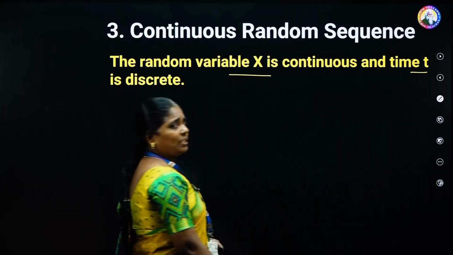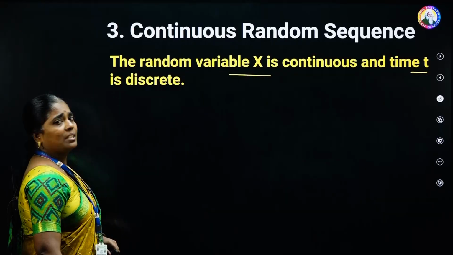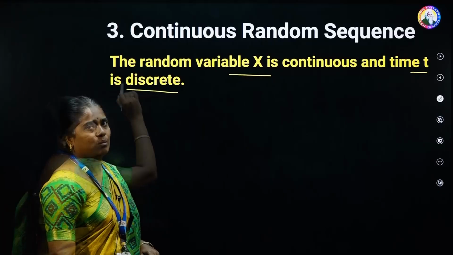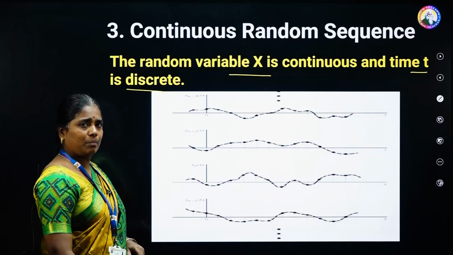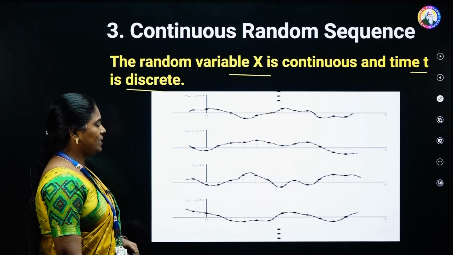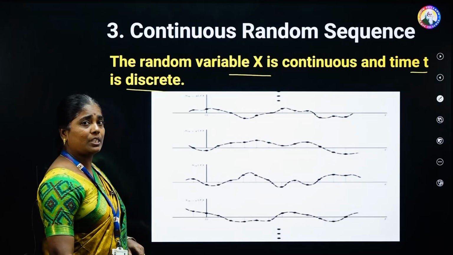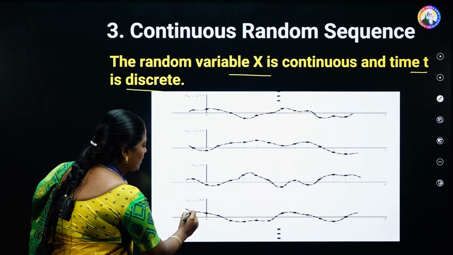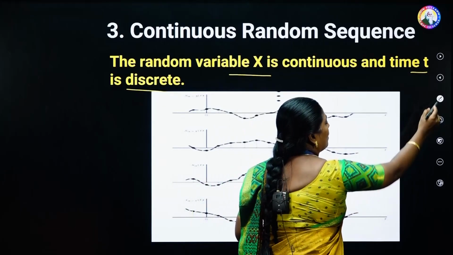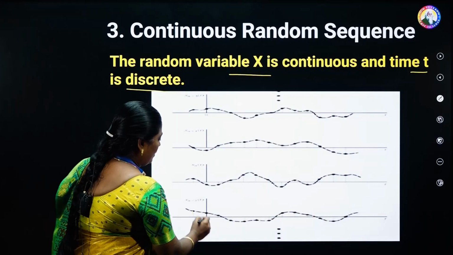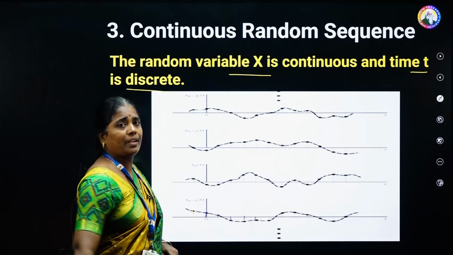You can see the word here is sequence, so time t is discrete. This is a plot of a continuous random sequence. Now observe the time axis t. Instead of continuous values, only some specific values are there, like this. Let us consider only this one we have, say only at this point and here, here, here, and so on.